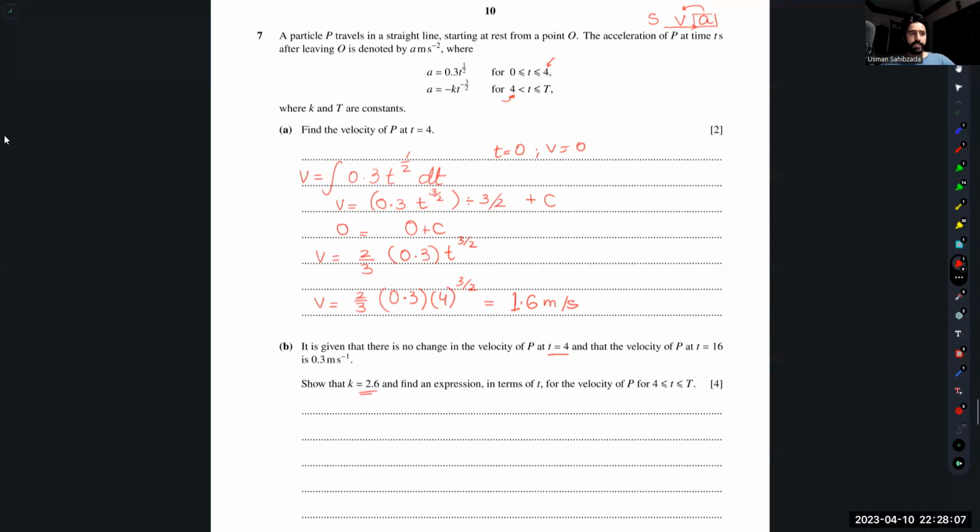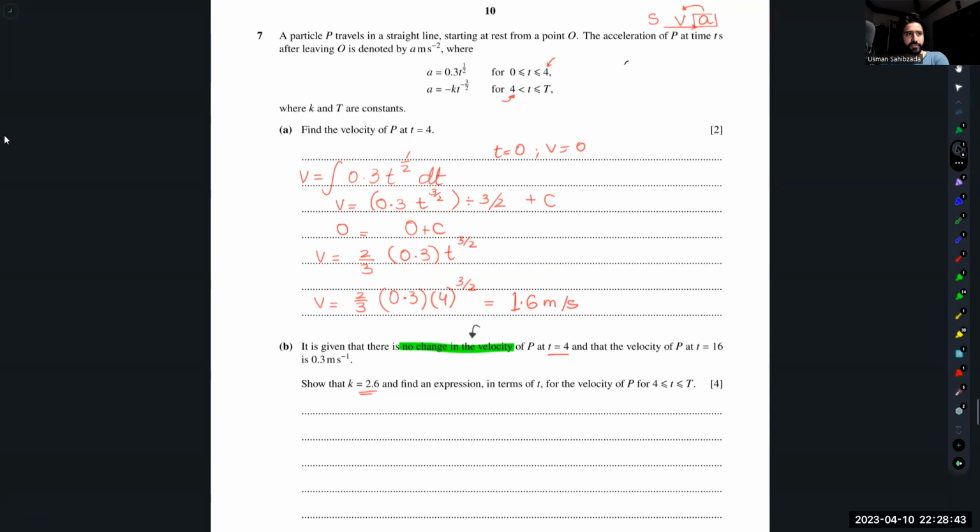Well, this, no change in velocity means that... what does it mean? If there is no change in velocity, does that mean that the acceleration is of the same value at time 4? Maruf, what do you think? Can we try this on the side?